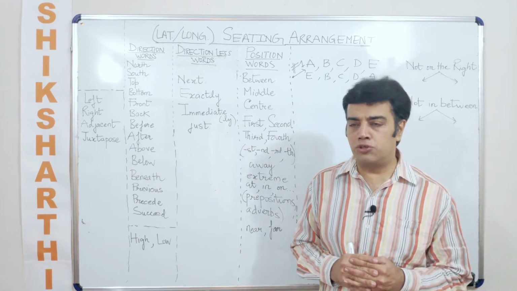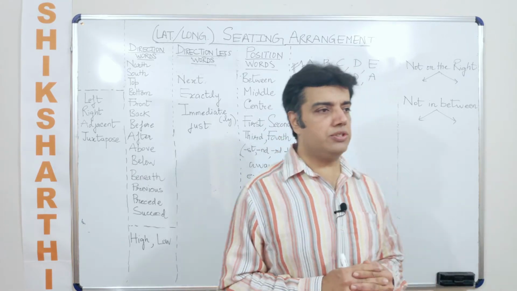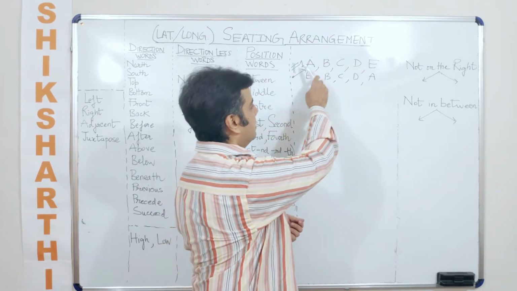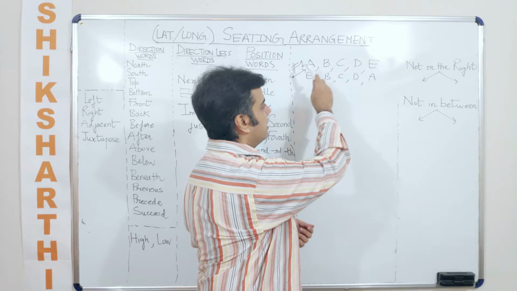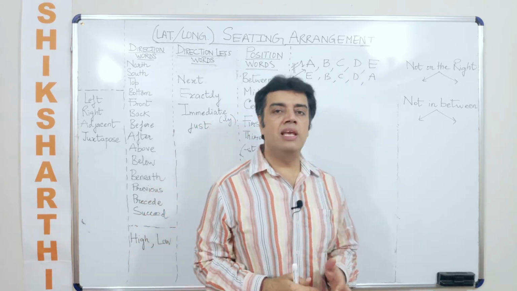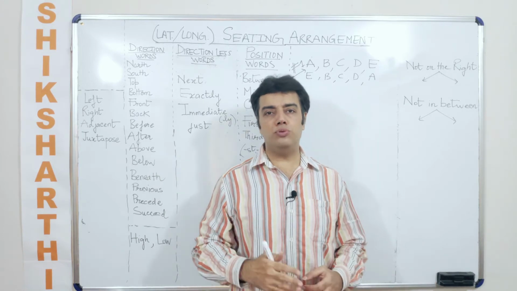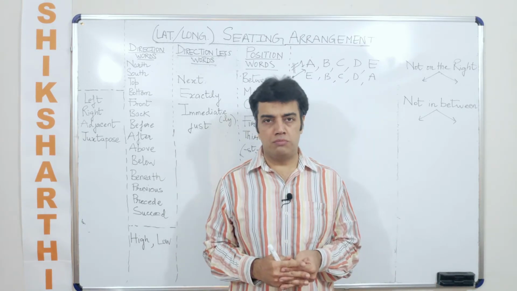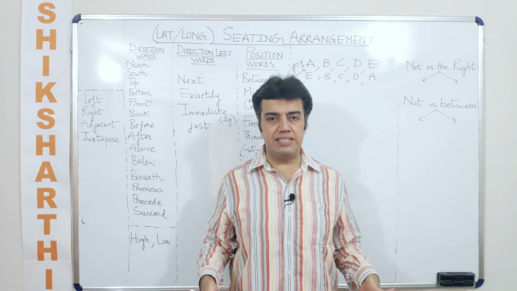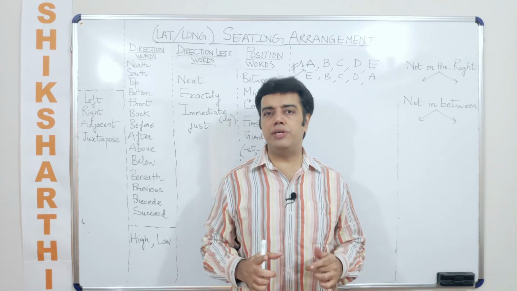Now let us assume a situation wherein there are 5 people, A, B, C, D, E. They are supposed to be either seated or they are supposed to stand in a queue. When I say they are supposed to be seated, they can be seated in two different ways.